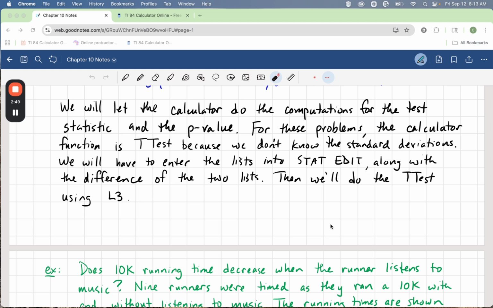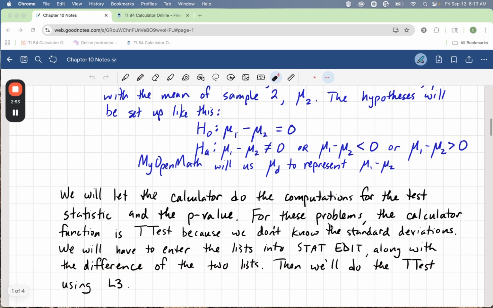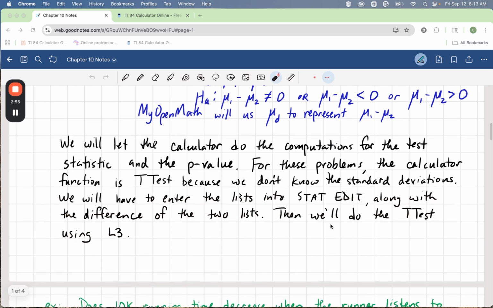For the problems that are dependent, we're going to use the t-test just like we did in chapter 9, all right? So we're going to have to figure out the mu d ourselves, and we're going to do that with our matrix feature or the table feature in stat edit.